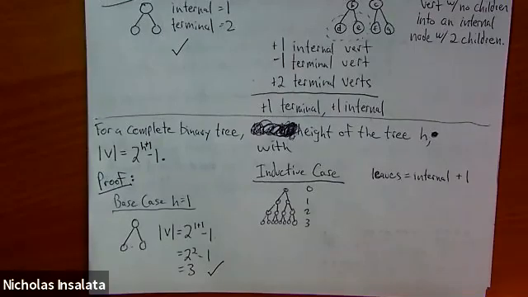Okay, for h equals k, we have n leaves. Ooh, I'm not sure what K is here. I'm sorry, Nathan, what's K supposed to be?